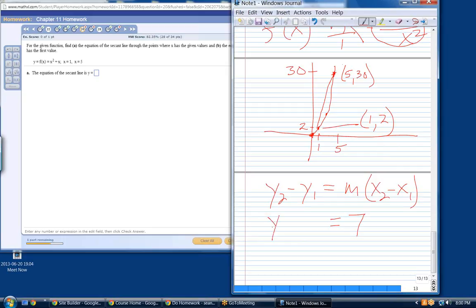So it's actually, you know, I wrote this wrong. It's y minus y sub 1. Point slope means you only have one point. So I made a mistake by putting those subscripts in there. So the equation of this secant line is y minus 2, I'm going to use this point here, equals the slope of the line 7 times x minus 1.